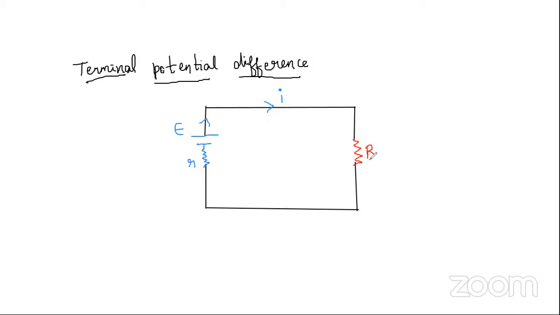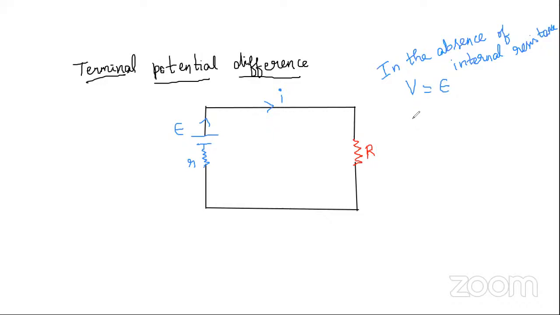In the absence of internal resistance of the cell, the potential difference across this capital R is exactly equal to the EMF of the cell.